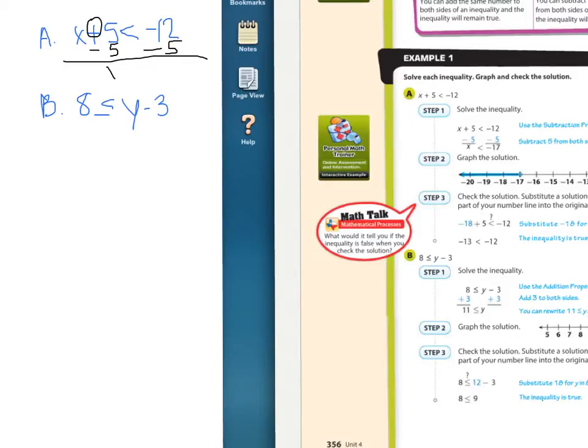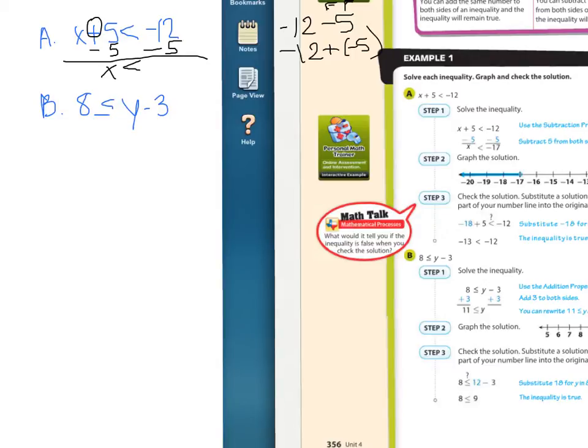Now we have x by itself is less than, and then negative 12 minus 5. If you do keep, flip, flip, it's negative 12. You keep that. Flip the subtraction to add, and flip the positive 5 to negative 5.